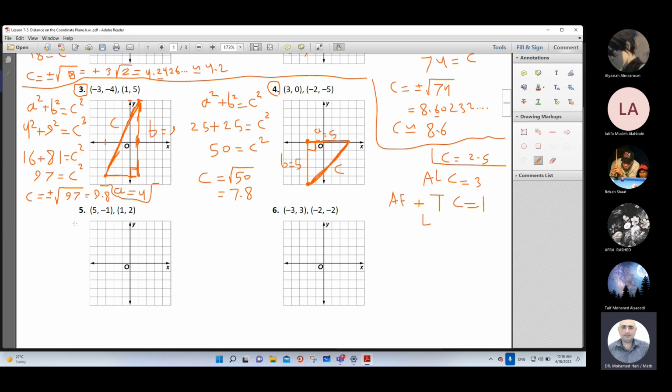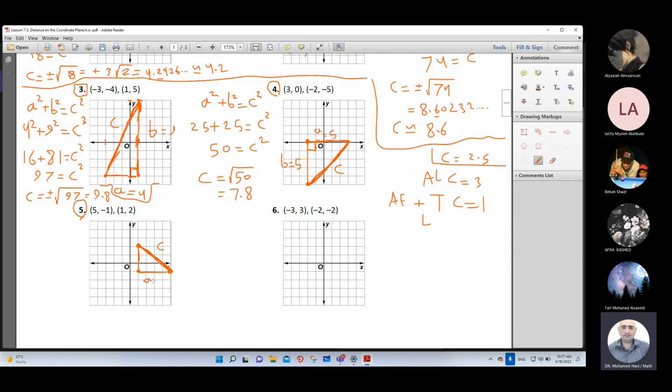Right. I want all of you to try to solve number 5, please. As you see, you have 1, 2, 3, 4.